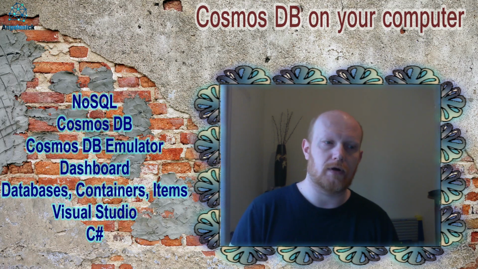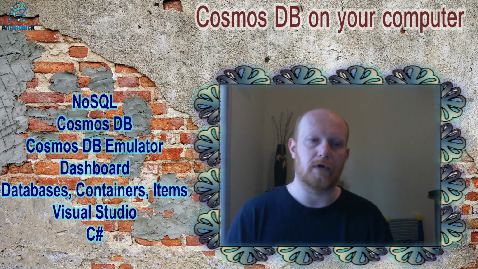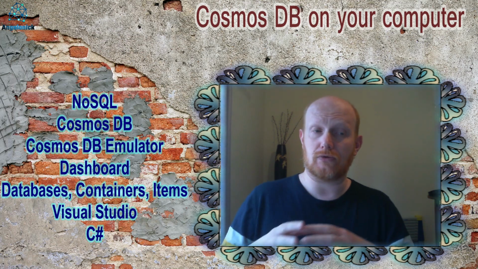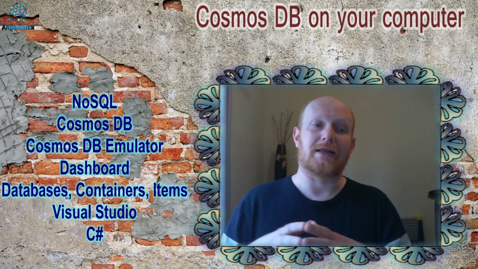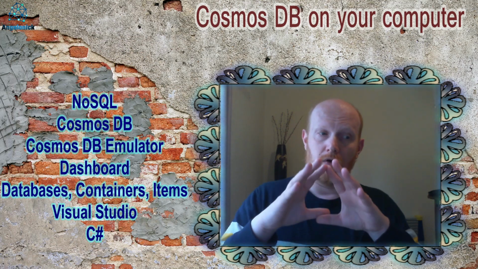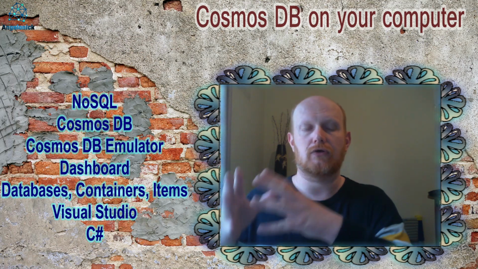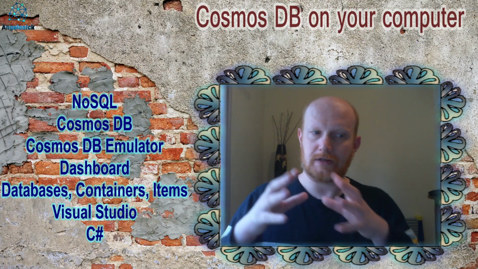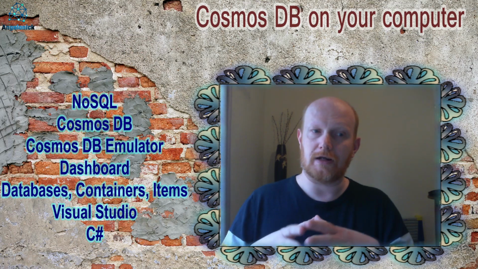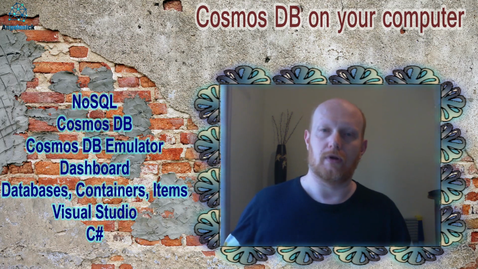I will show you Cosmos DB. In SQL Server we have databases, and also here we have databases, but here a database is a category of multiple containers. So the equivalent of tables from SQL is containers, and items in containers are basically the records from tables in SQL.